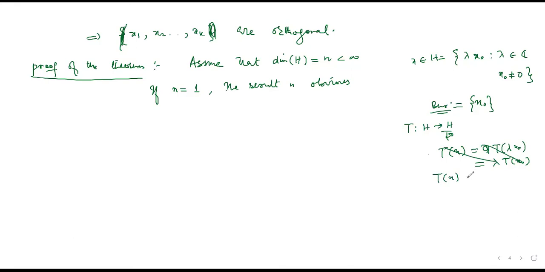T of x belong करेगा H में ही, तो T of x भी होगा, let's write some beta times x naught, but that would mean that T of alpha x naught is equal to some beta x naught for some alpha, beta belonging to C. So using the linearity, T of x would be beta divided by alpha into alpha times x naught.